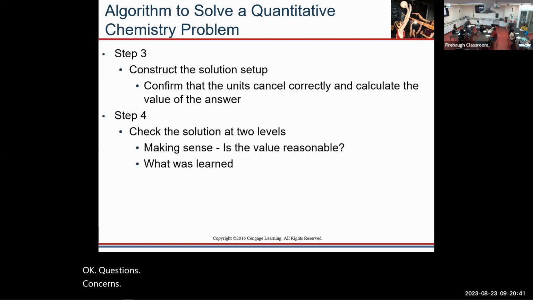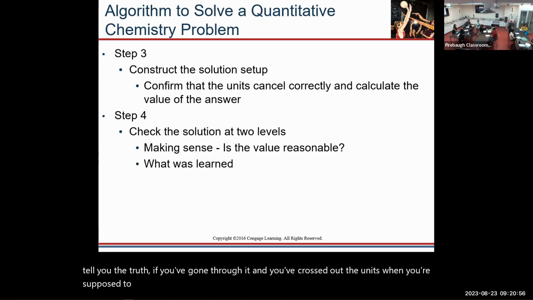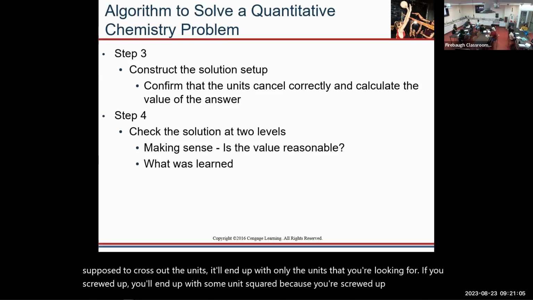Okay? So the other thing I'm going to say is make sure you follow your units because your units tell you the truth. If you've gone through it and you've crossed out the units when you're supposed to cross out the units, it'll end up with only the units that you're looking for. If you screwed up, you'll end up with some unit squared because you screwed up. Okay?